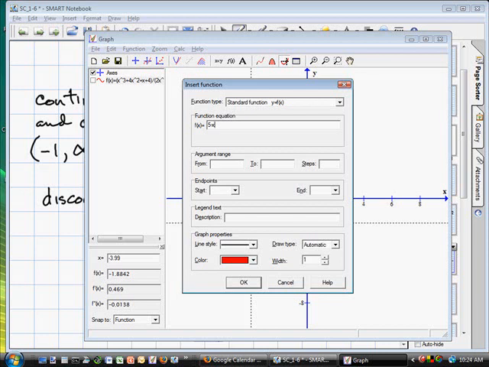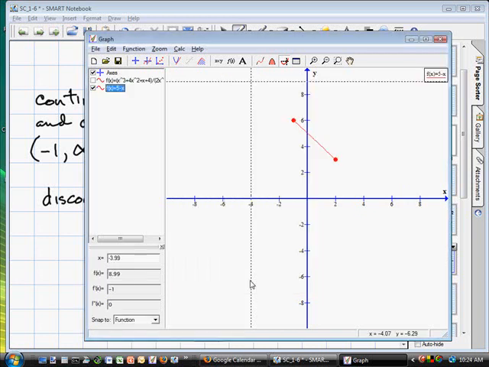From negative 1 to 2. And what do we have? Equal signs on both ends? Yes. So okay, there's that part. So it's only a line segment because the book said only do it between these 2 points.